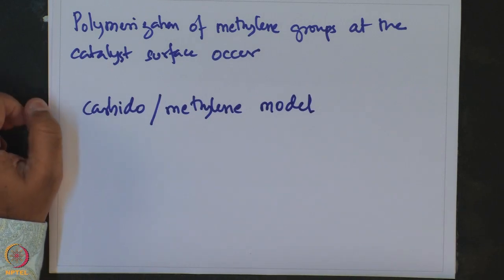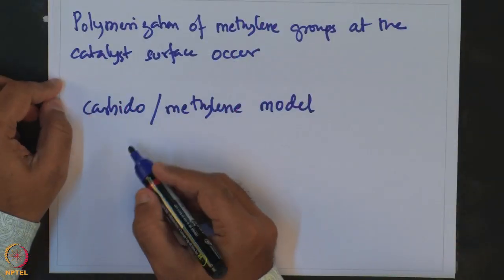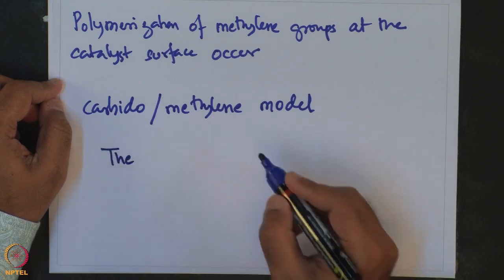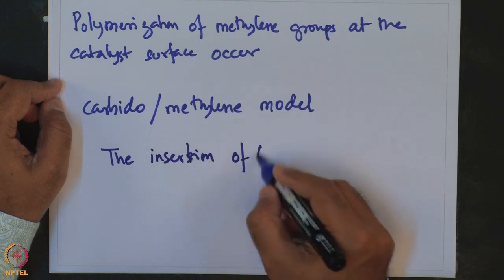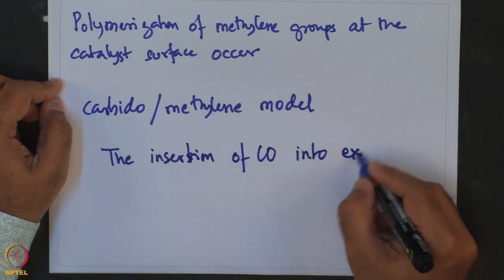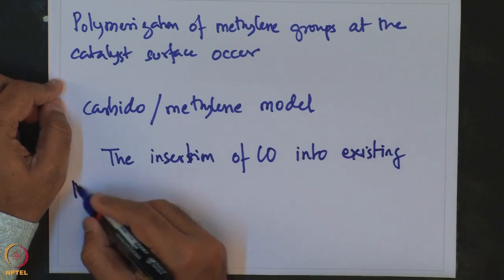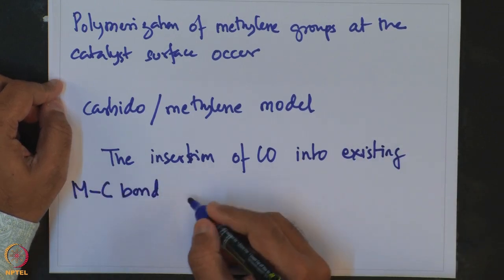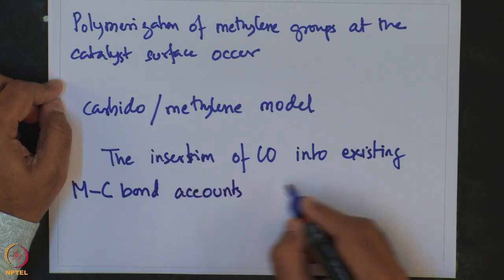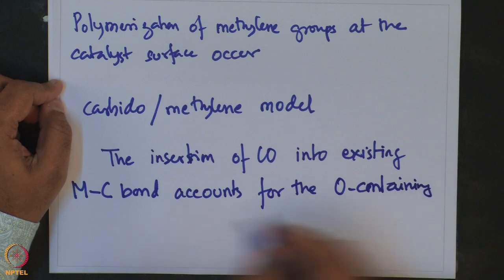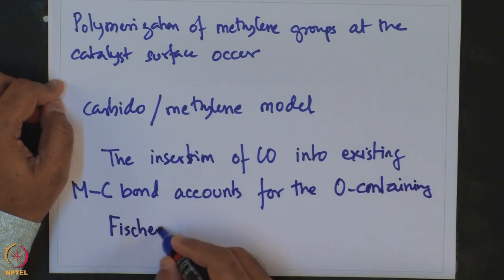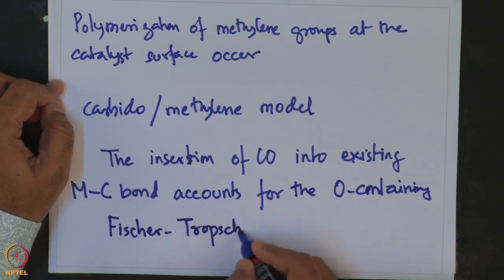And these also happen by insertion of CO into the existing metal carbonyl bond that accounts for the Fischer-Tropsch products, the oxygen containing products.